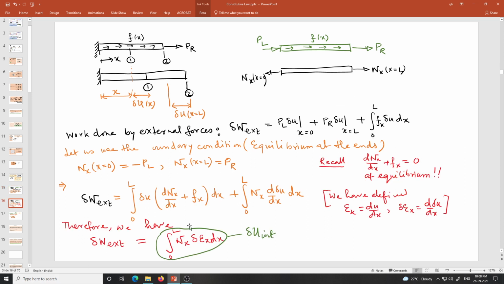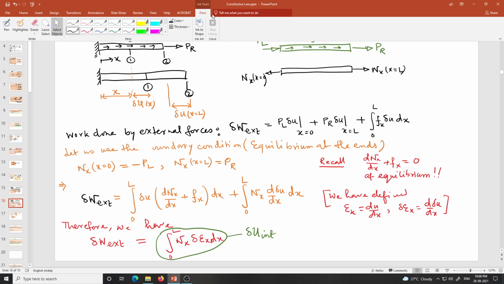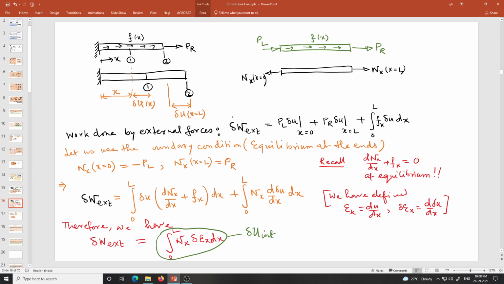Now if this delta u is taken about a configuration which is in equilibrium, then this first term would be 0. Equilibrium means this gradient of N satisfies this relationship. It takes the opposite value of Fx, the distributed body force.